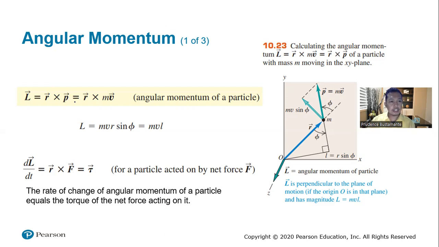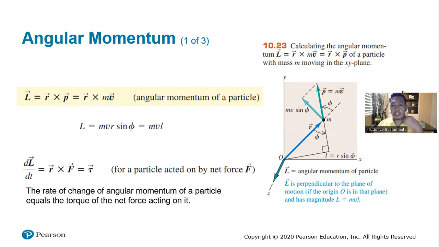Since p is equal to mv, we have r cross mv. Here we can see that the direction of our angular momentum is along the z-axis, perpendicular to the xy plane, using the right hand rule for r cross p.